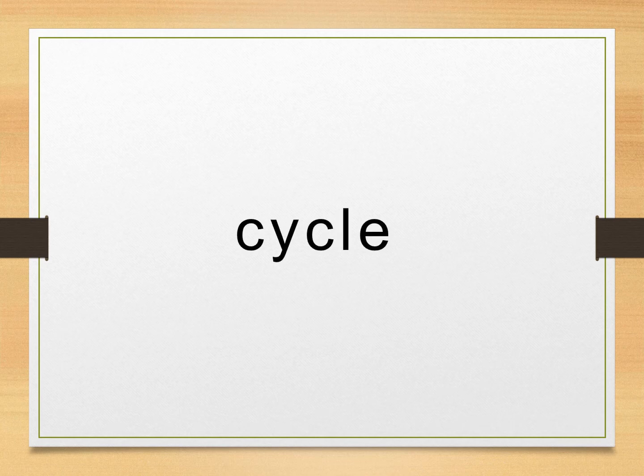Now look at the word and write the word and say the sounds as you write the word. S, I, k, oo. Cycle. Pause if you need more time. Cycle.